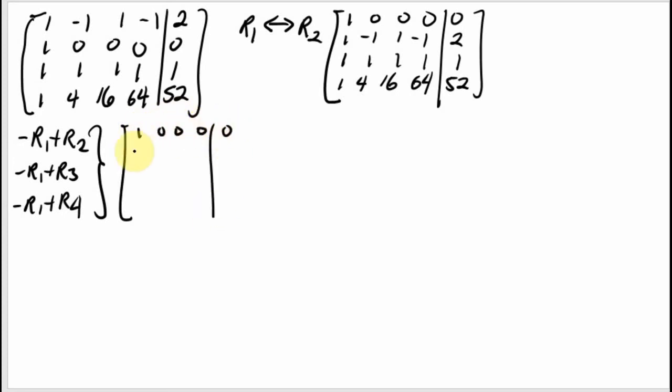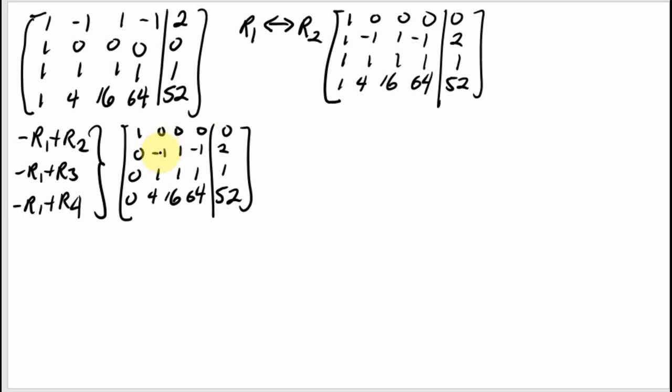Row 1 stays the same. Here we get 0, negative 1, 1, negative 1, 2, 0, 1, 1, 1, and 1, 0, 4, 16, 64, and 52. Oh, very good.